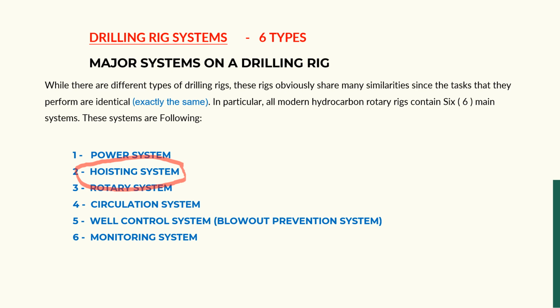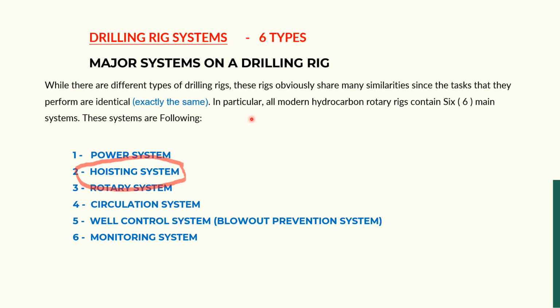As I have explained earlier, all kinds of rig, be it an onshore rig or an offshore rig, and in offshore there are multiple types of rigs, for example the barge rig, the jackup rig, semi-submersible rig, drill ship rig. The onshore rig, also called the land rig, has only one type.